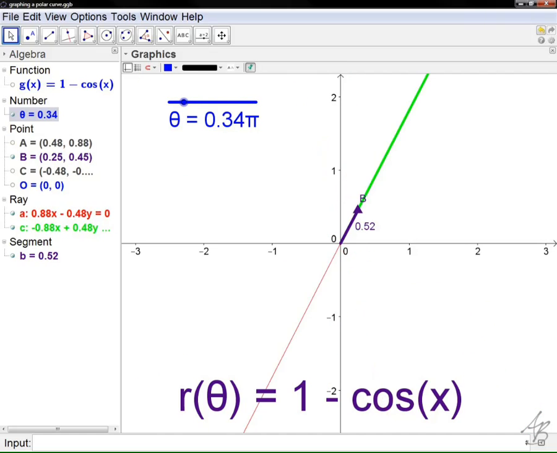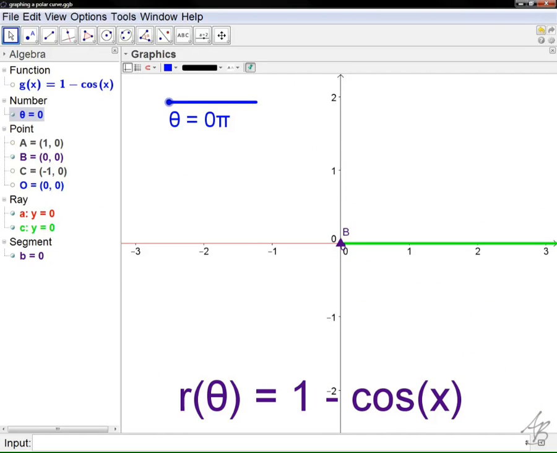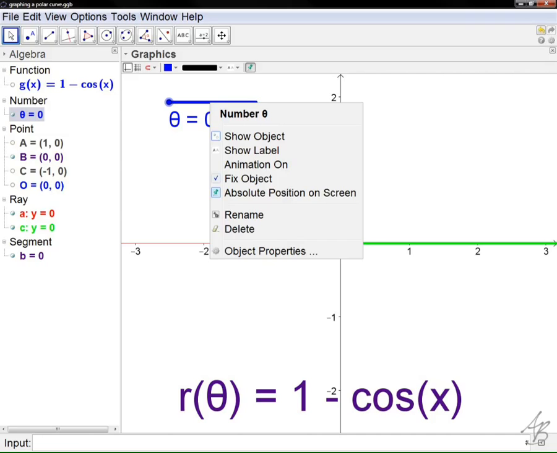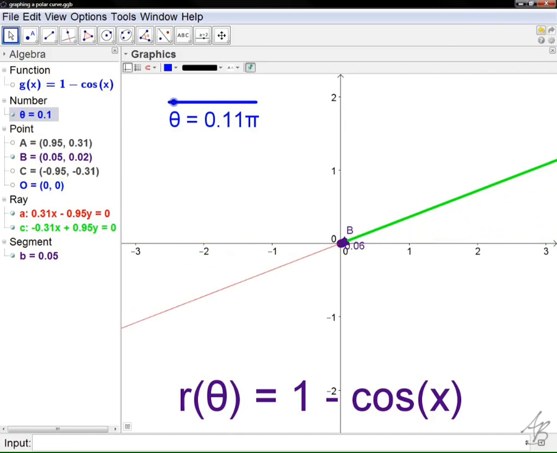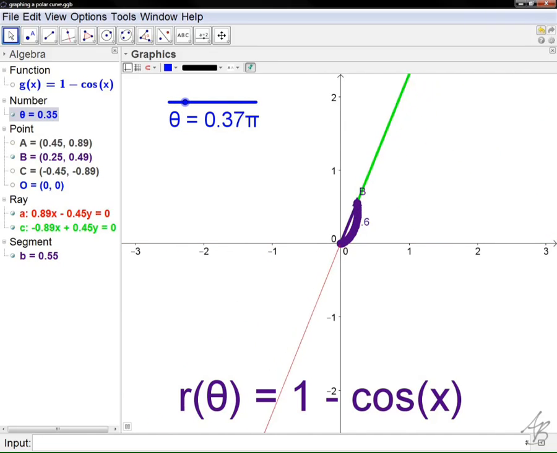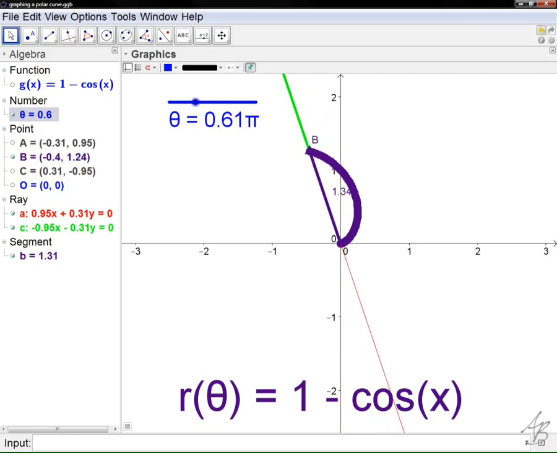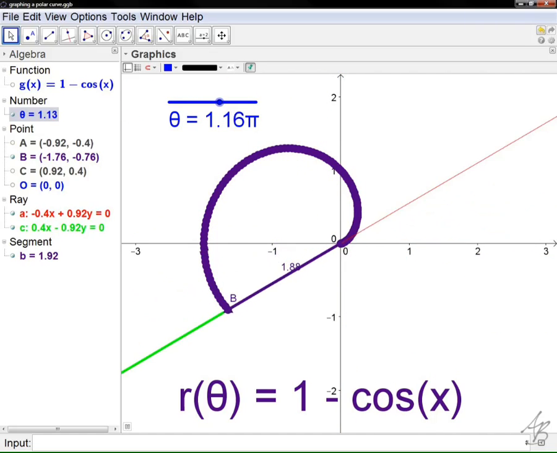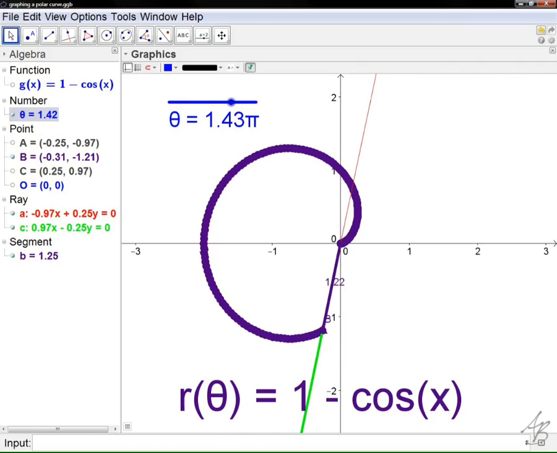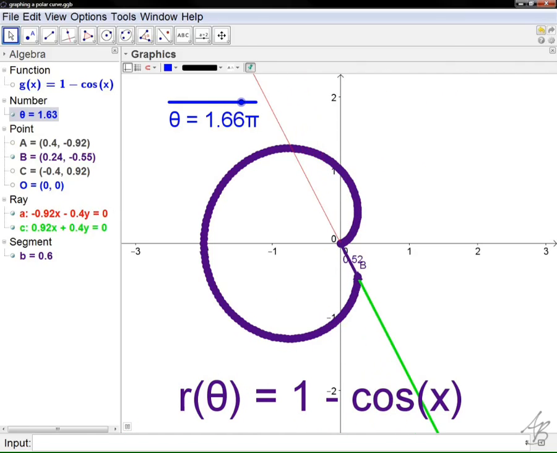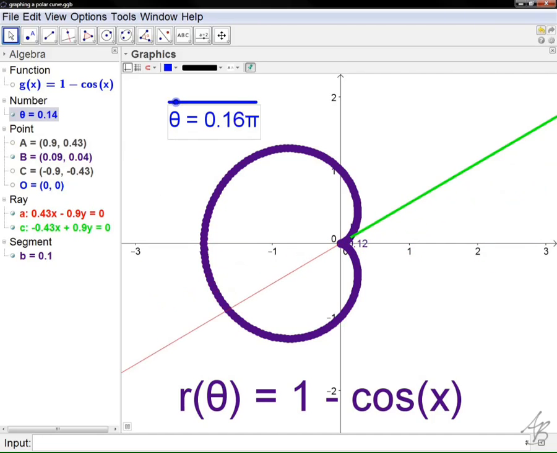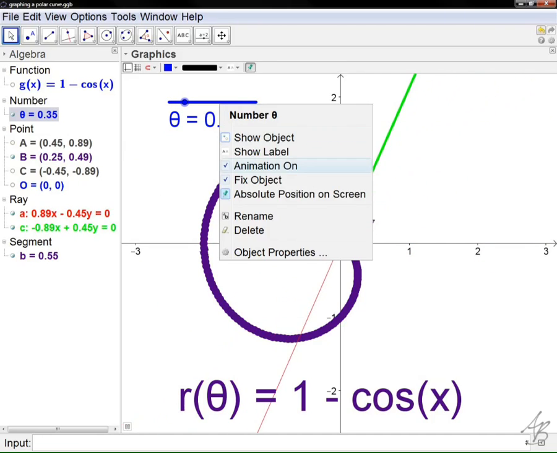Now, I'm going to trace this point and see what this curve is going to look like as theta changes. So we can see that as theta increases, the point gets further away from the origin for a while, and that line is swinging around, and then it starts getting closer. And so what we get here is what's called a dimpled limacon, and it's kind of a circle with an indentation in it.